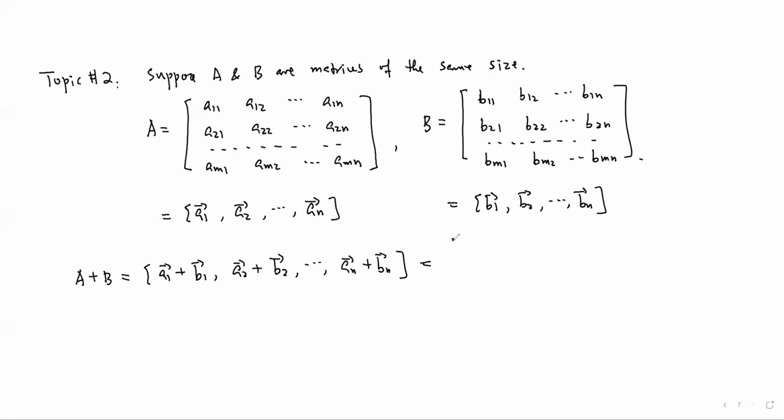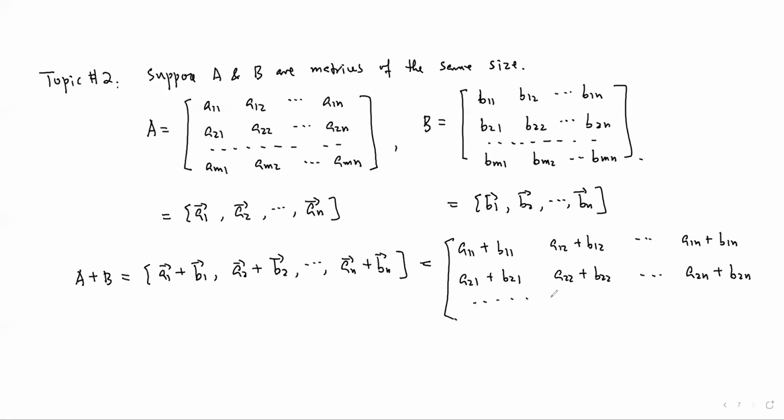So in detail, A plus B has the 1,1 entry plus the 1,1 entry, the 1,2 entry plus the 1,2 entry, and so on, at the corresponding entries: 2,1 plus 2,1, 2,2 plus 2,2, 2n plus 2n, up to mn plus mn.